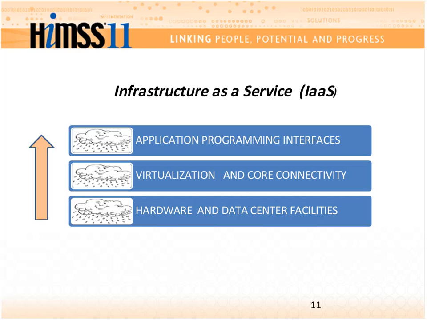So let's go to the first one, which is infrastructure as a service. Infrastructure as a service includes the infrastructure stack from the data center facilities to the hardware platforms that reside in them, and then the logical connectivity to these resources.